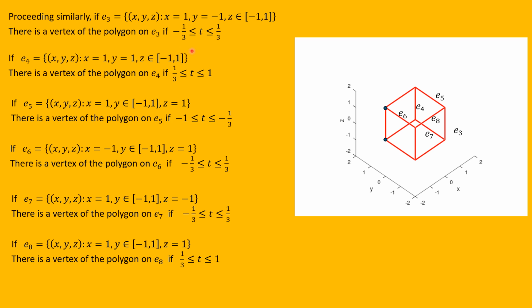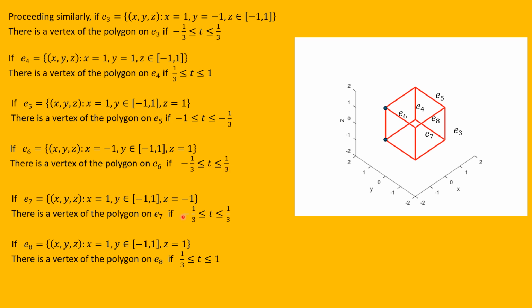And what we do find is that we do have a vertex of that intersection polygon on E3 for t values between minus a third and a third. On E4, if t is between a third and 1. On E sub 5, if t is between minus 1 and minus a third. On E sub 6, if t is between minus 1/3 and 1/3.